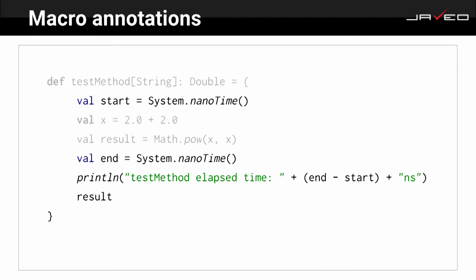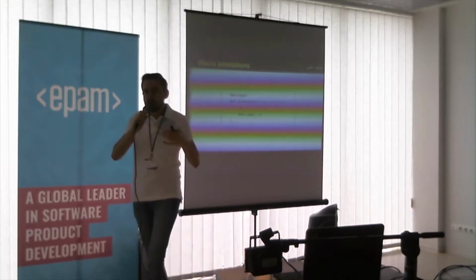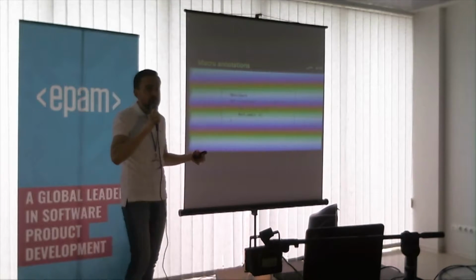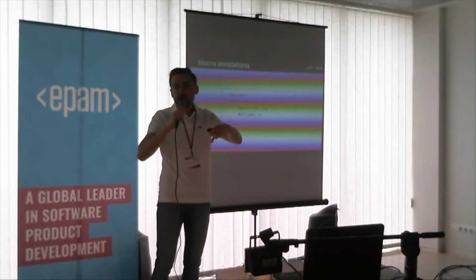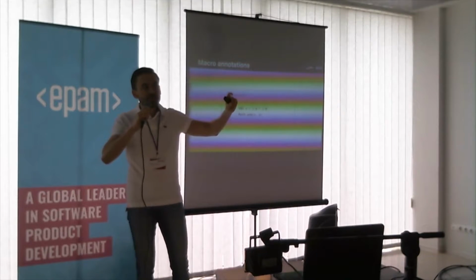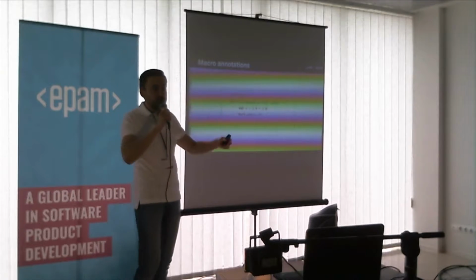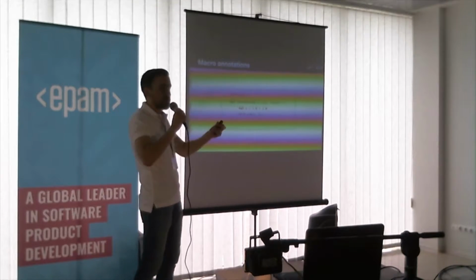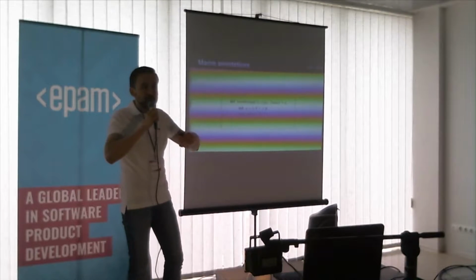So this is one example of how you can achieve the expected behavior using macro annotations. This is a different type of macro, which allows you to write annotations which can change the annotated definitions. If you were at yesterday's talk about Scala, maybe somebody wrote a JavaScript annotation, right? That annotation was also a macro annotation, which did some weird thing, converting Scala code to JavaScript.